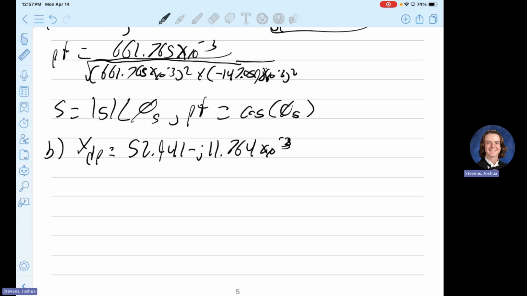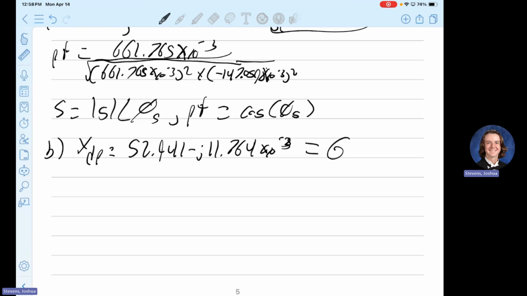What are the two parts of admittance? What is the real part of admittance?